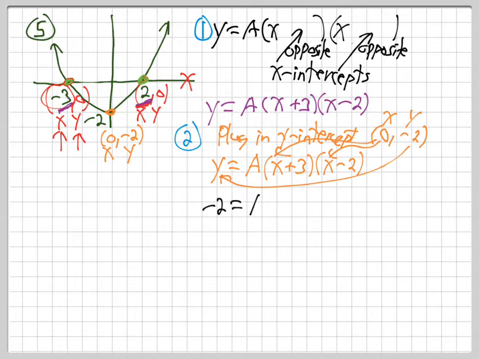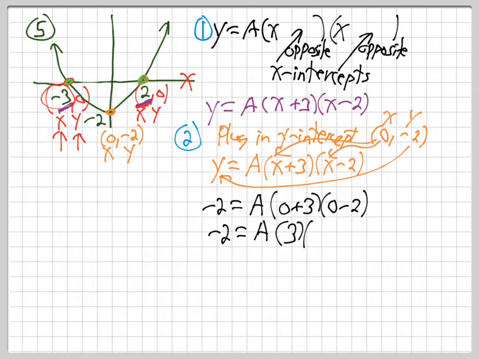We get negative 2 is a times (0 plus 3)(0 minus 2), a times 3 times minus 2. And so minus 2 is a times minus 6. Finish solving for a: divide by minus 6.